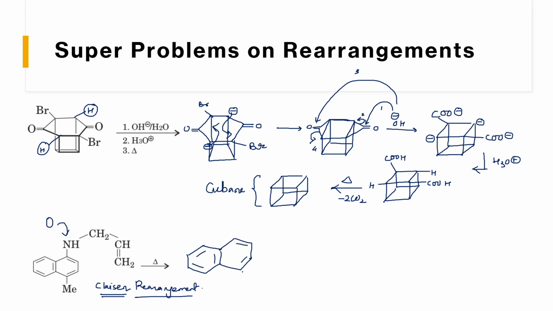It will be like this. There is a methyl group and there will be NH CH2. So this will come over here, this will come over here, this will come over here. You'll get a 6-member transition state which will turn into this.